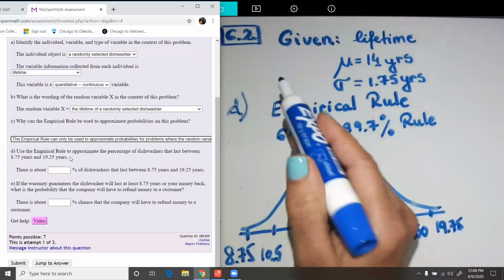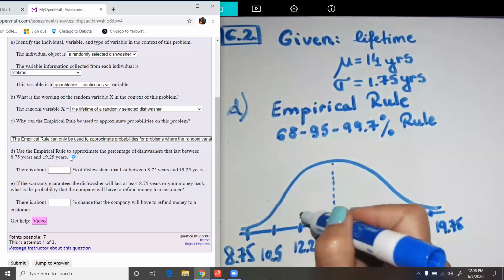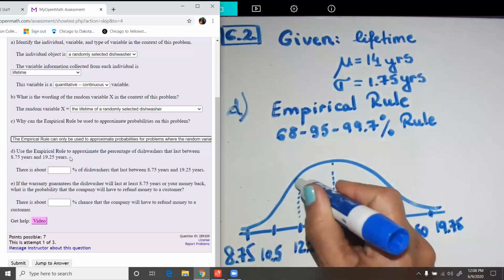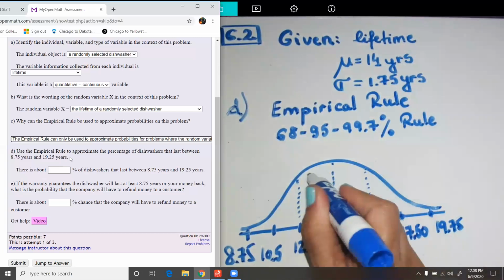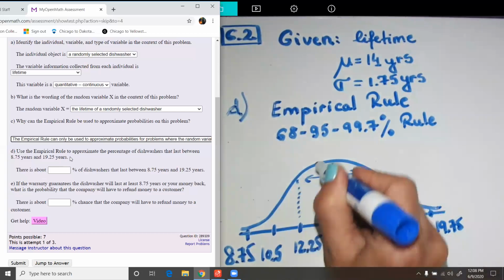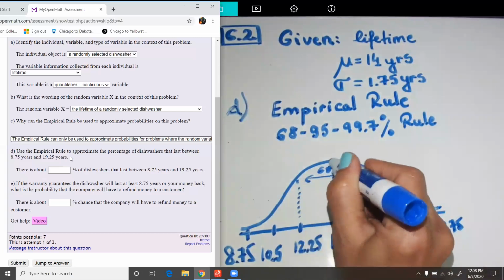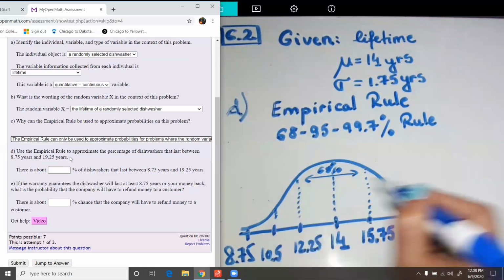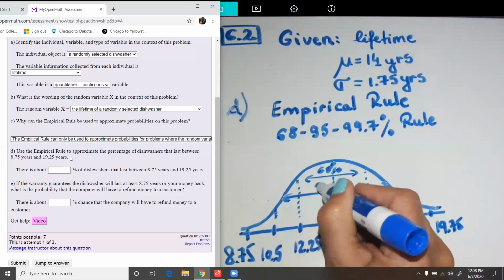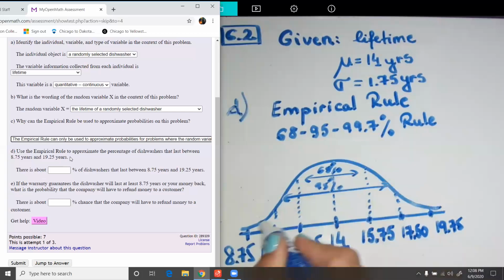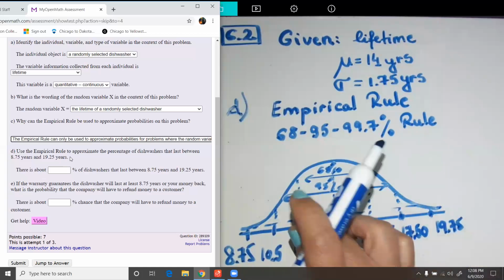And the empirical rule tells us that between these two values, so within 1 standard deviation from the mean right here, I expect to see 68% of the data. Within 2 standard deviations from the mean, I will have 95% of the data. And within 3 standard deviations of the mean, that will be almost everything, right?